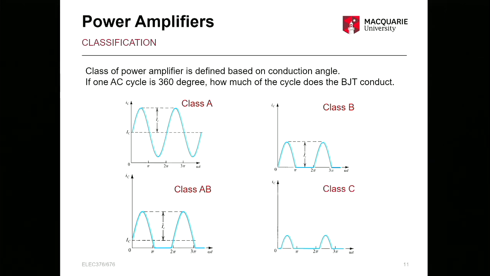Yep. Okay. This one we're not going to cover in much detail. We'll cover a little bit of it in next lecture, but you'll see there are some uses for class C, particularly in radio. So A, B, and AB are the ones typically used for things like op amps and audio amplifier output stages.